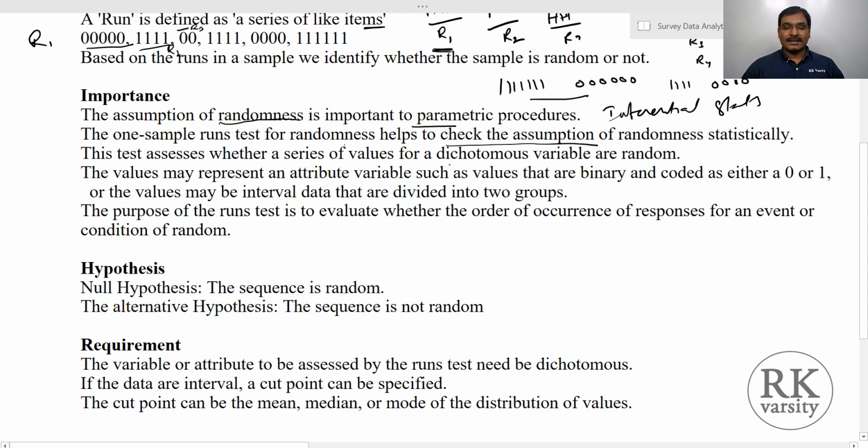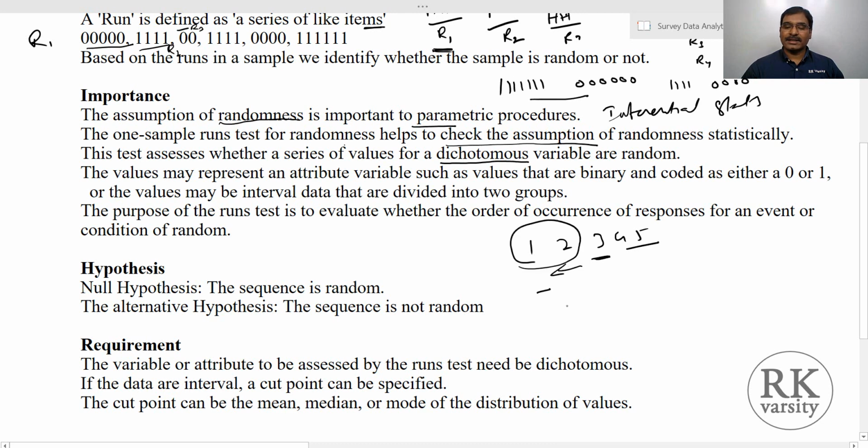The test assesses dichotomous values only, that is yes or no, head or tail, pass or fail. Likewise, only dichotomous values are considered in the runs test. If you are measuring something on an interval scale like 1, 2, 3, 4, 5, then you can make a cutoff point. Anything below the cutoff point is considered as one series, and anything above the cutoff point is considered as the other.